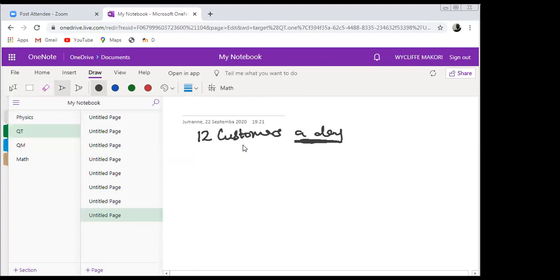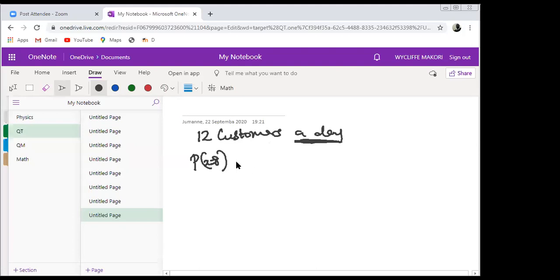If it is not per day, then we need to work out something here. But the good thing is we are told that 12 customers normally arrive per day. And now we are asked the probability that the business will receive exactly 8 customers in 1 day. Probability that X is going to be equal to 8.